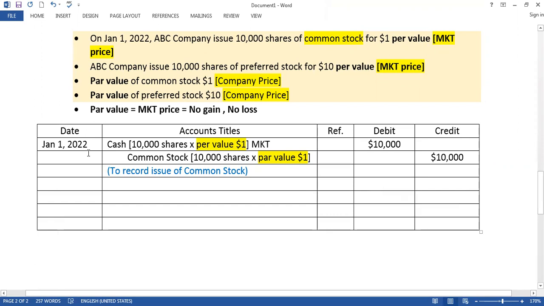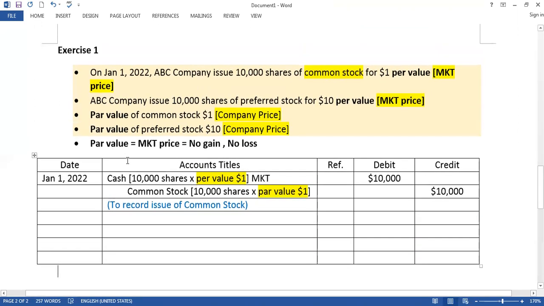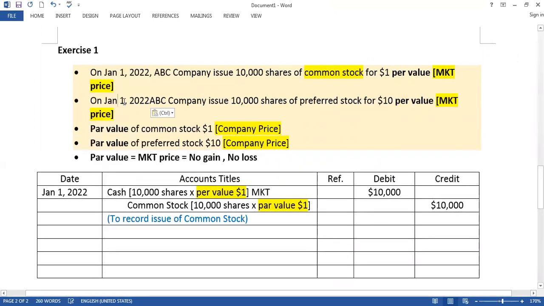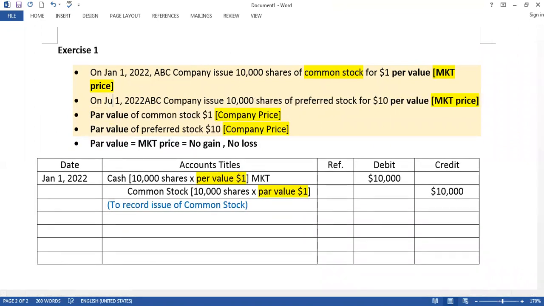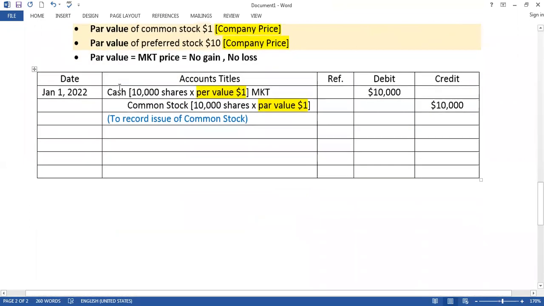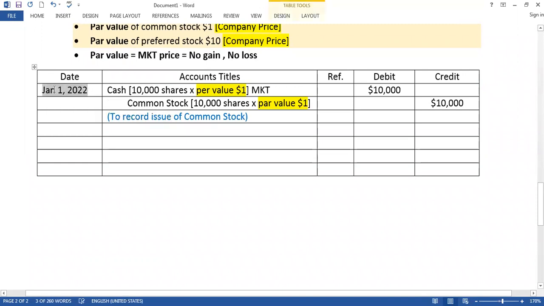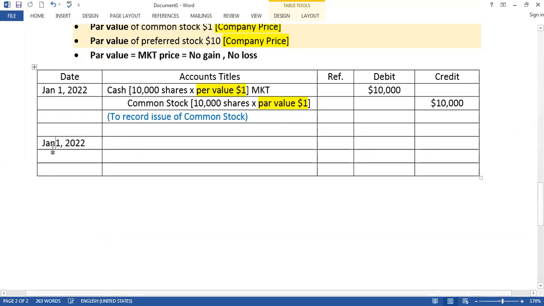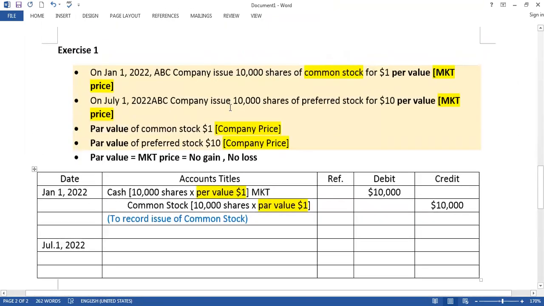So this is the date we sell our common stock. On July 1st, we sell preferred stock.